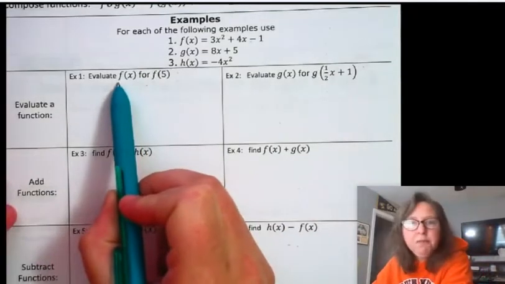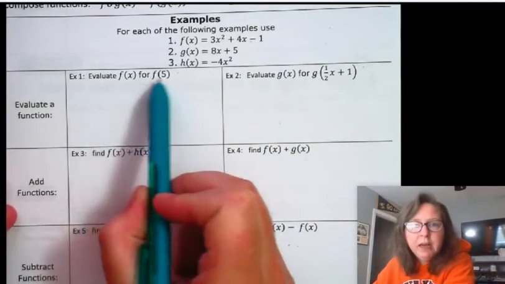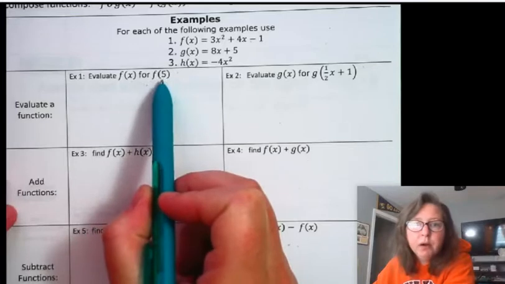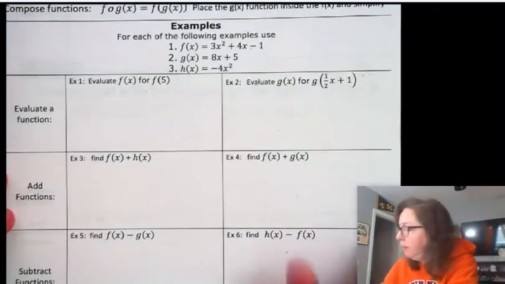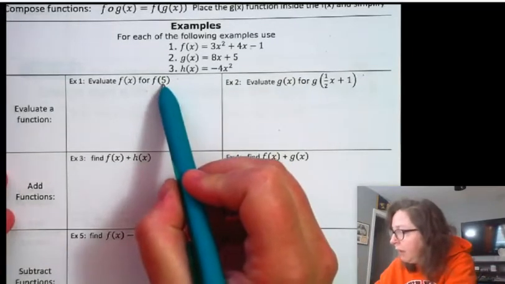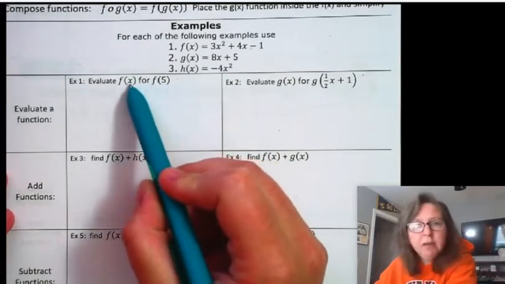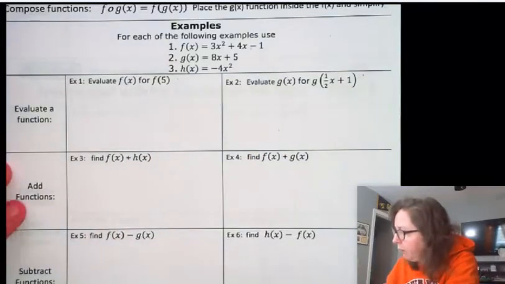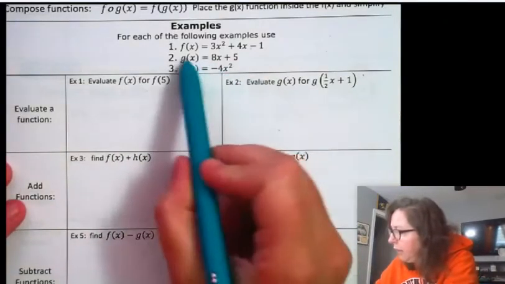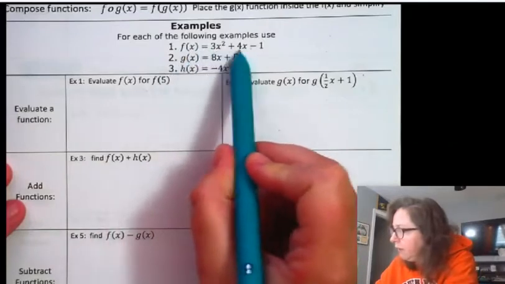So we're going to take the function f of x and evaluate it for the number 5. And if you recall, what that means is we're going to take the 5 and plug it in for x everywhere there is an x in the function. So let's go ahead and do that. So f of x looks like this, where you see x's everywhere.